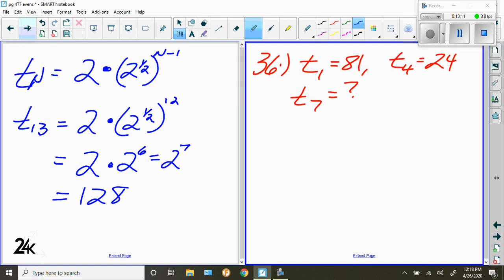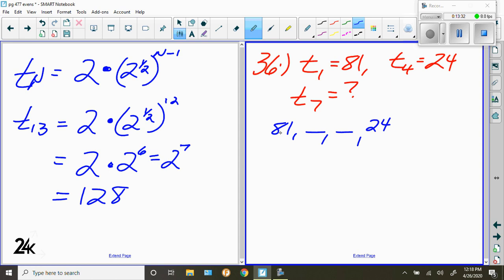And then number 36, first term 81, fourth term 24. Okay, well, 81's divisible by 9, which means it's divisible by 3, right?